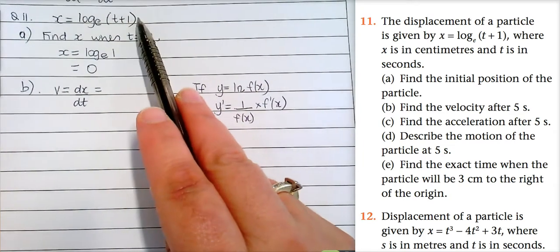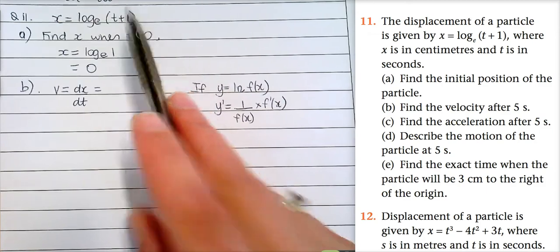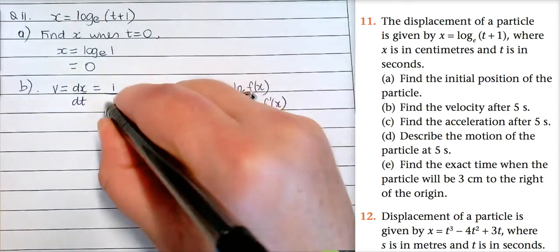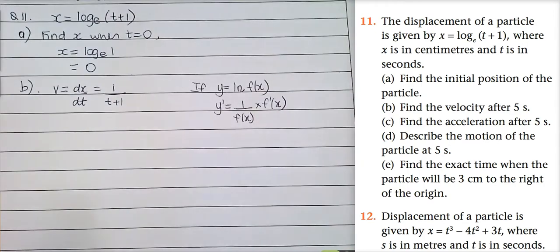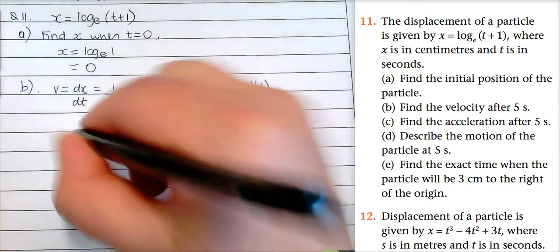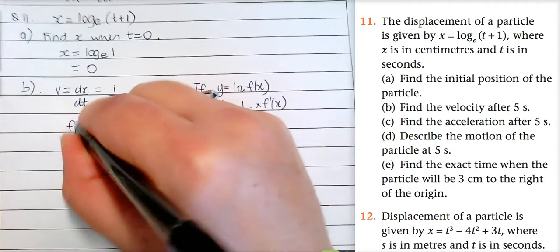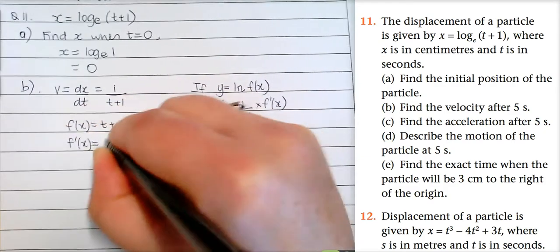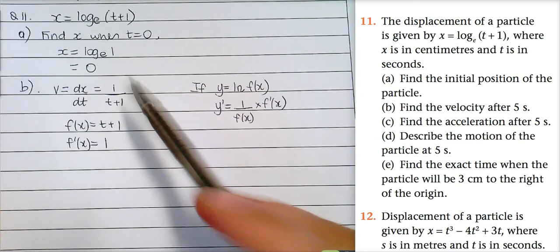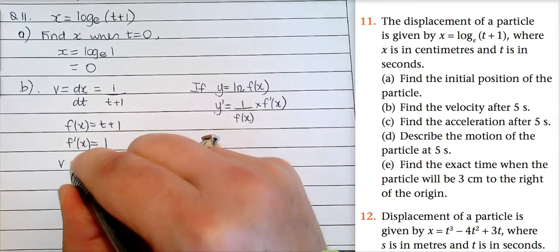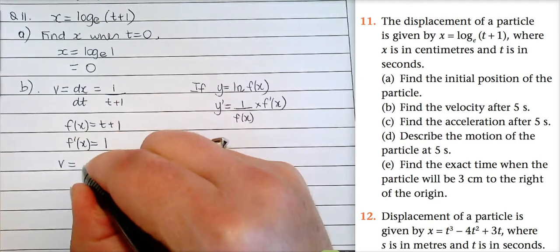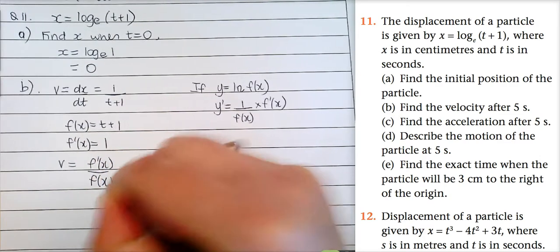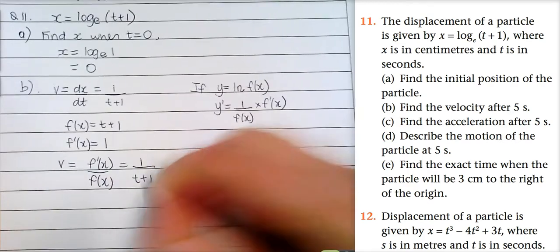So differentiate the t plus 1, what do you get? You get 1. So it's 1 on t plus 1, no logs. What you might want to do is, your function of x is t plus 1, f dashed x is 1. So therefore the velocity is dx dt, which is f dashed x on f of x, which is 1 over t plus 1.